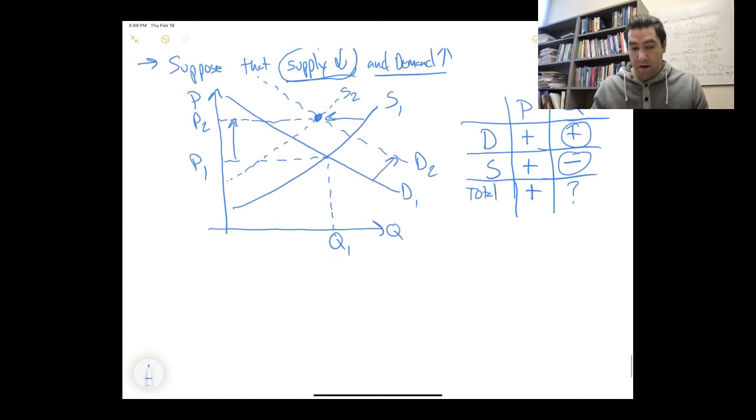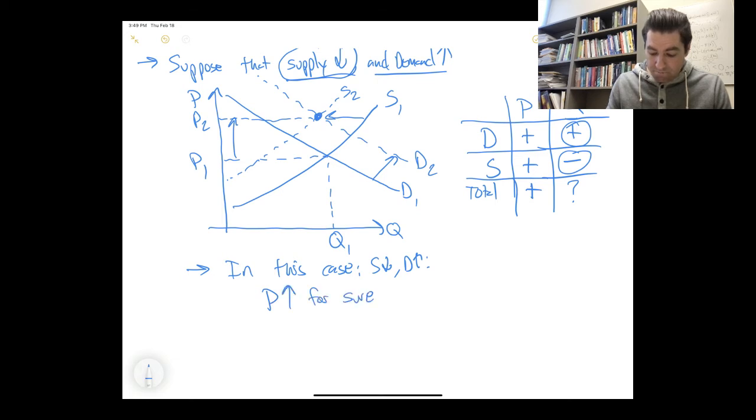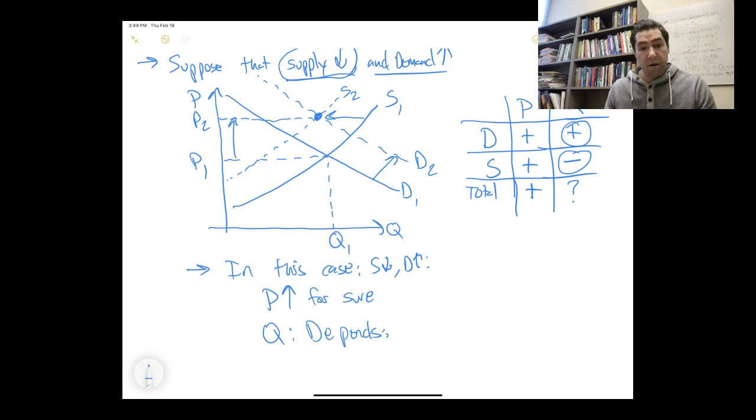So let me just write that down. In this particular example, where supply went down and demand went up, I know the price goes up for sure. The quantity depends. And I can break it up into three possibilities. A, the quantity goes up if the demand shift is bigger.